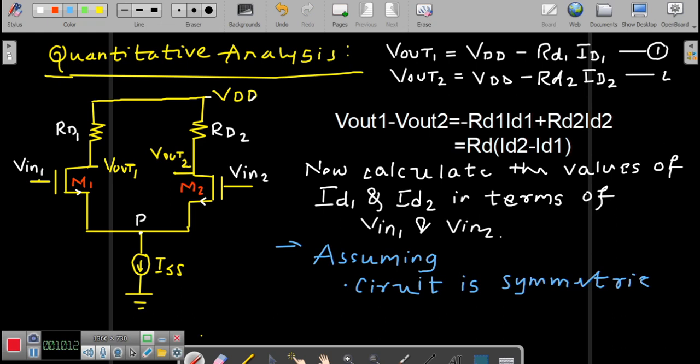And both M1 and M2 are saturated. This is a very important assumption. M1 and M2 are saturated.